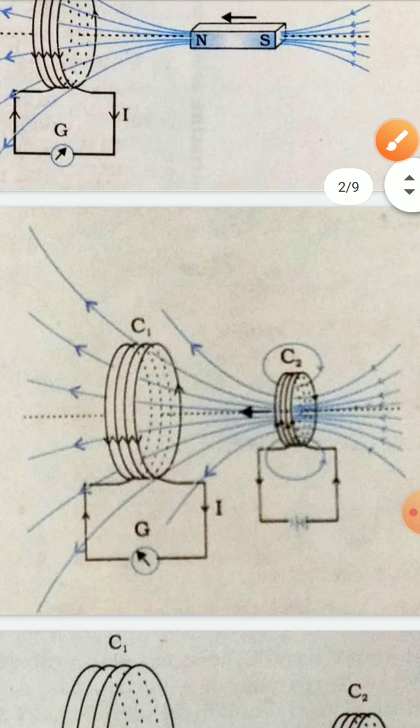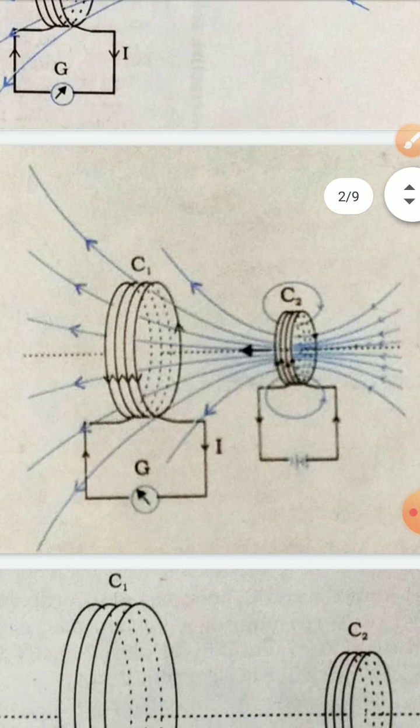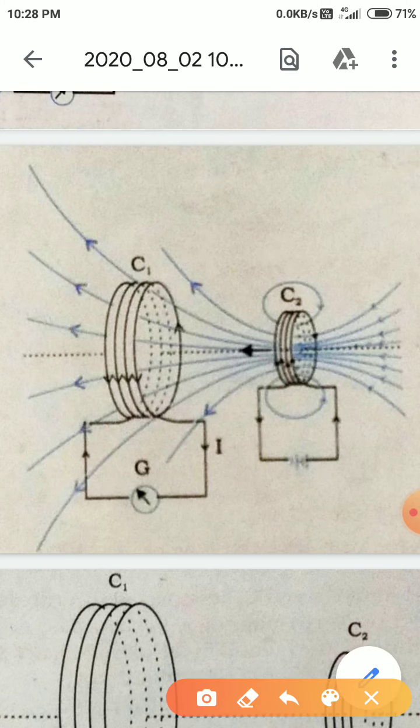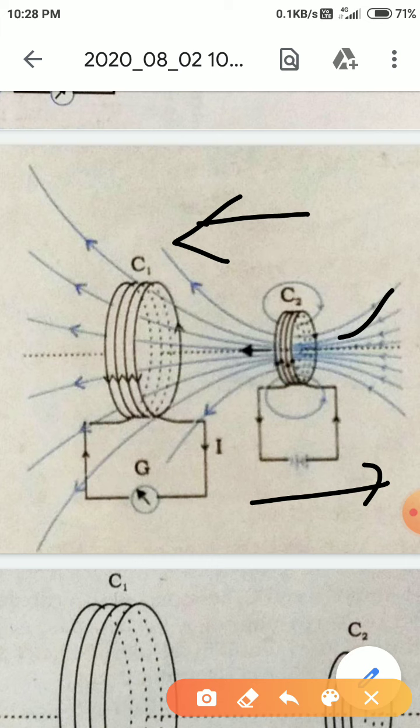Now, in the second diagram, you can see that a battery is connected to a coil C2, which establishes its magnetic field, and when this coil C2 is moved to and fro across the coil C1, we observe deflection in the needle of the galvanometer.